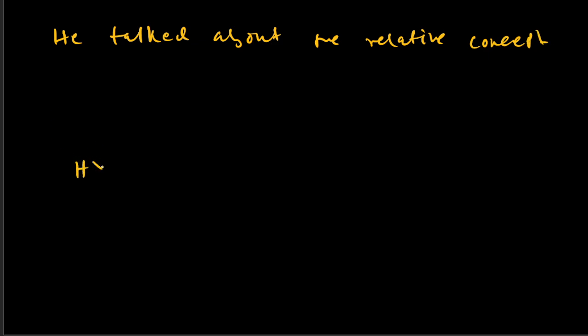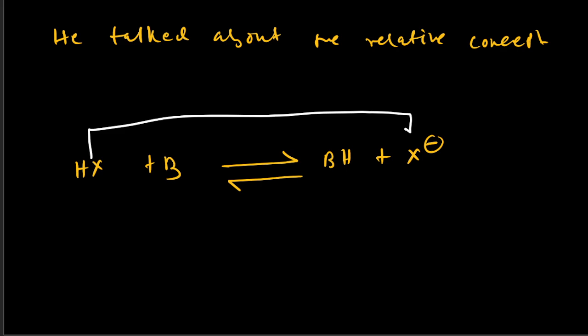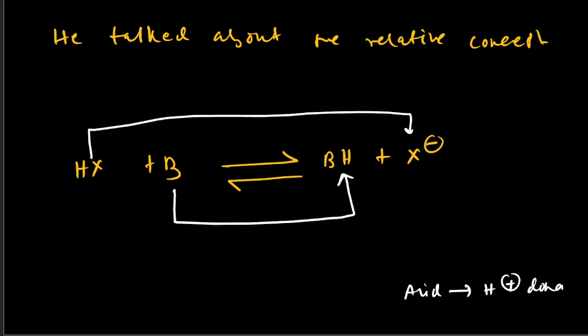So suppose HX plus B is there, then this gives BH plus X minus, and the backward reaction is again occurring. From HX to X minus, and from B to BH. Acid means H plus donate, and base means H plus accept.